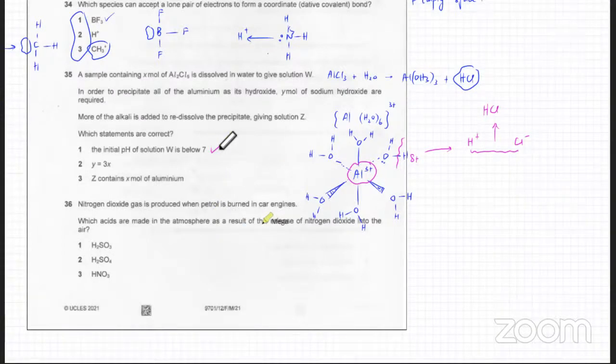And then it's saying y is equal to 3x. What does that mean? Y moles of sodium hydroxide. If you want to form aluminium hydroxide, you need 3 OH- ions.